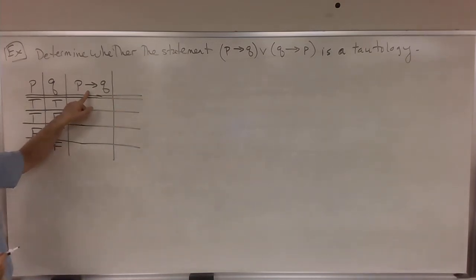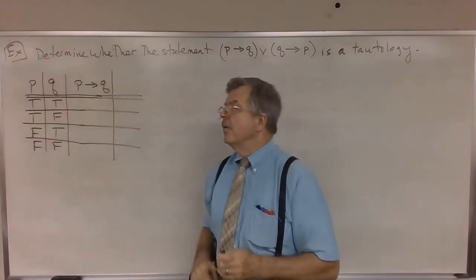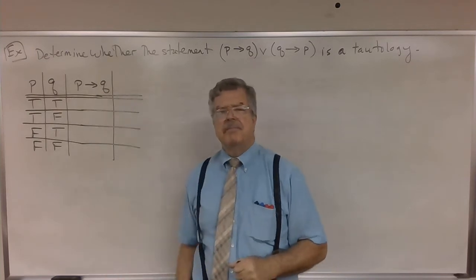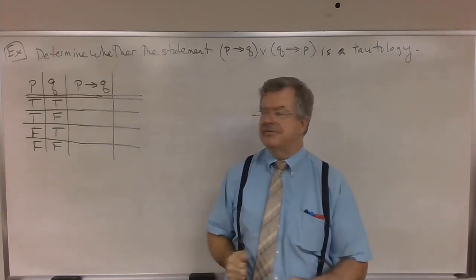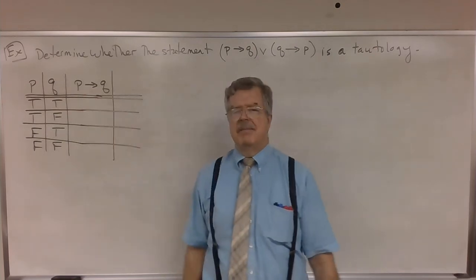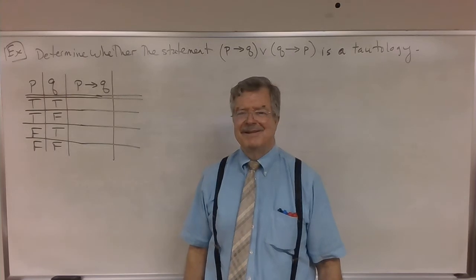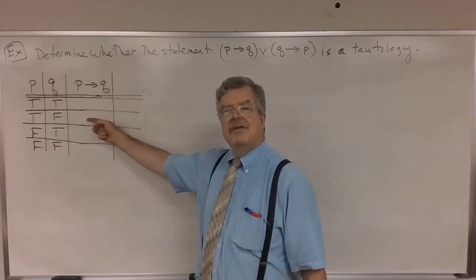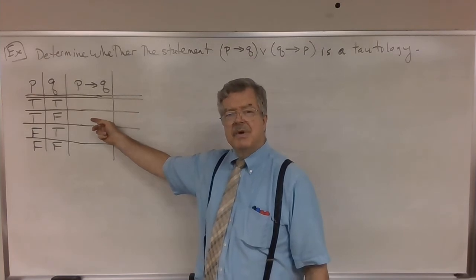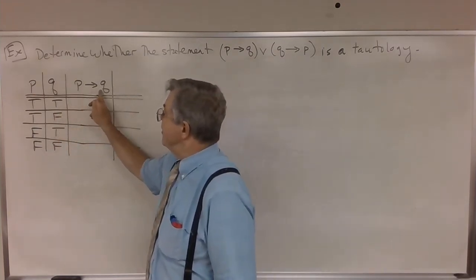This is an if-then statement or a conditional statement. What's the special case for a conditional statement or an if-then statement? The only time that this is false is when we have true implying false.